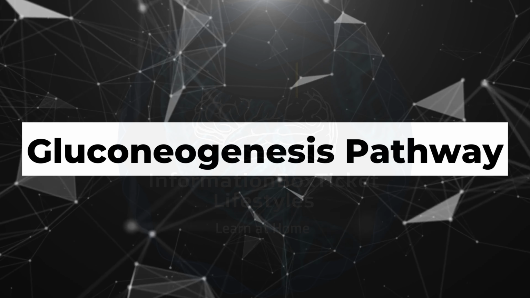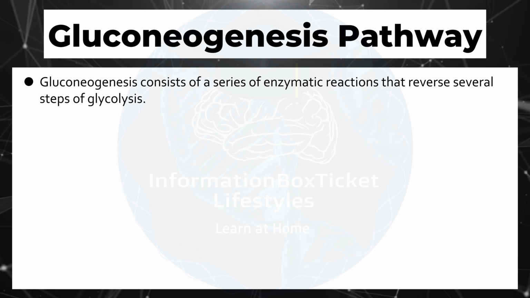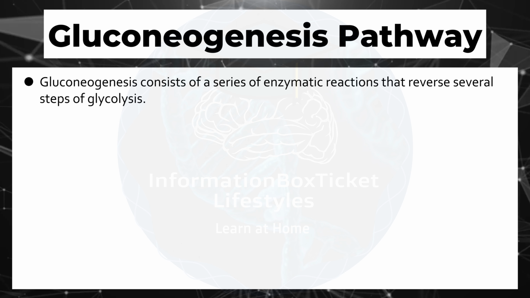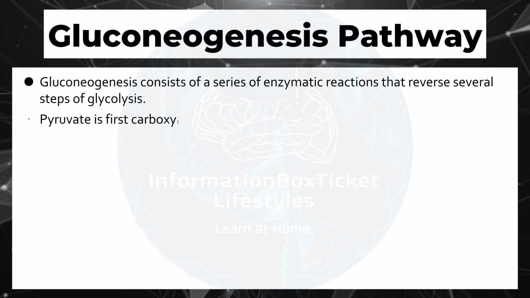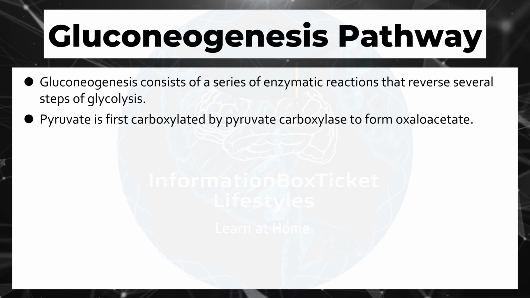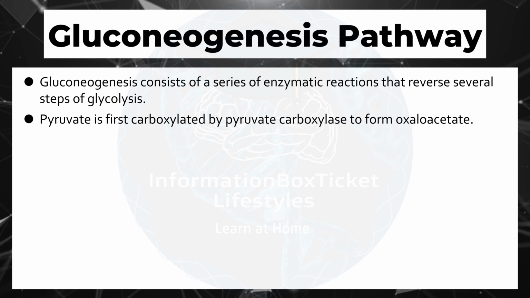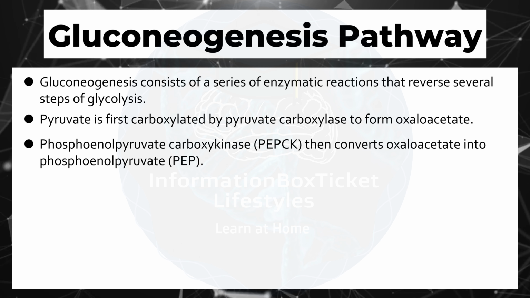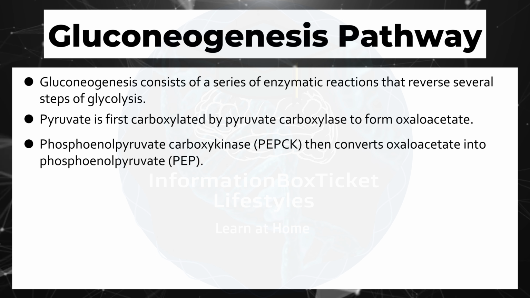Gluconeogenesis pathway. Gluconeogenesis consists of a series of enzymatic reactions that reverse several steps of glycolysis. Pyruvate is first carboxylated by pyruvate carboxylase to form oxaloacetate. Phosphoenolpyruvate carboxykinase then converts oxaloacetate into phosphoenolpyruvate.